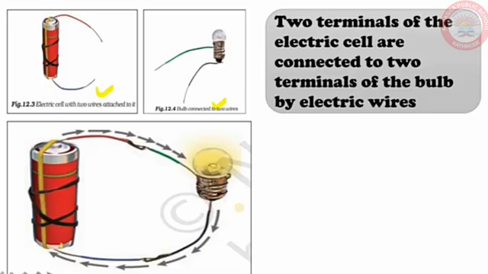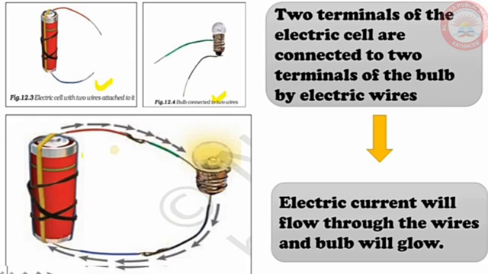Now we can see that the two terminals of the electric cell are connected to the two terminals of the bulb by electric wires, and the bulb is glowing. Why is the bulb glowing here? Electric current will flow through the wires and the bulb will glow.